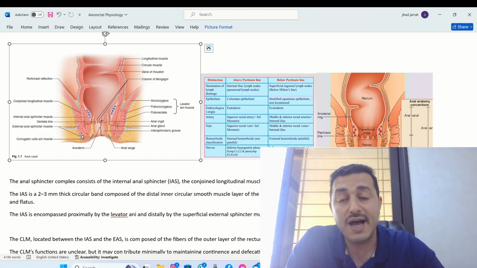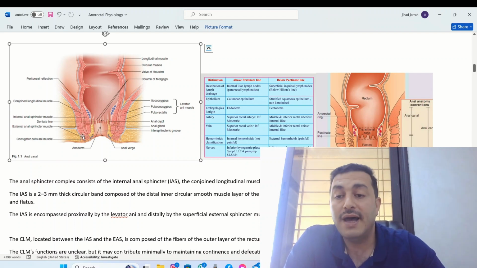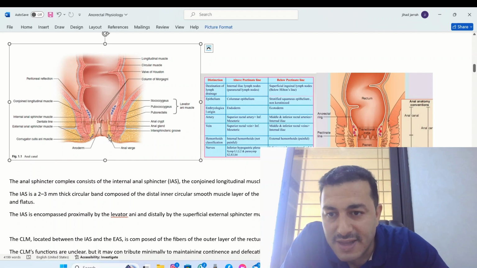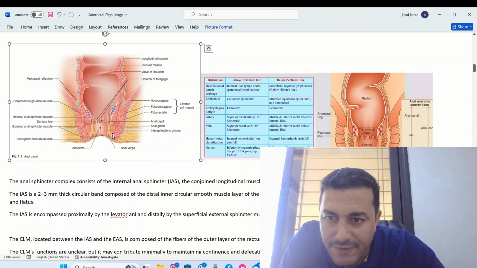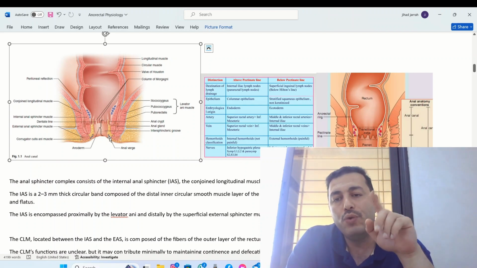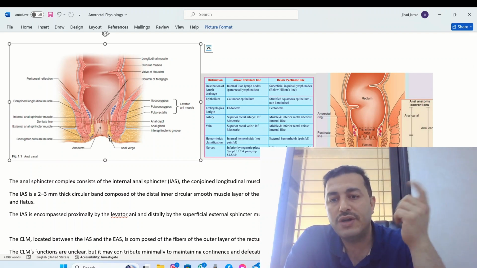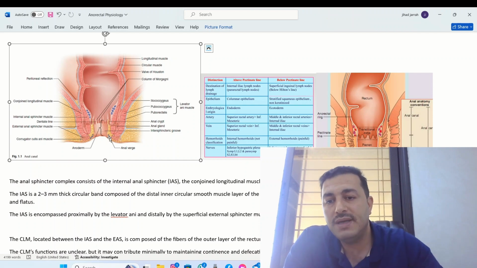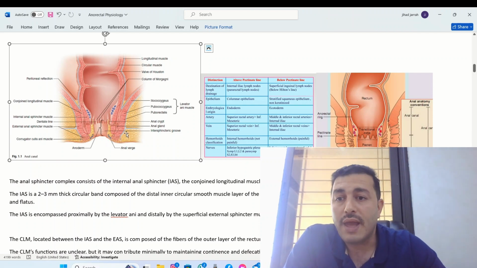It is also under a state of tonic contraction, which prevents defecation. You can see here the slit is the intersphincteric groove. You who perform surgeries, for example for fissure, and do sphincterotomy, can feel the groove between the 2 sphincters.